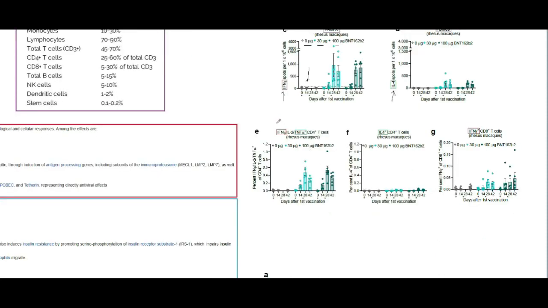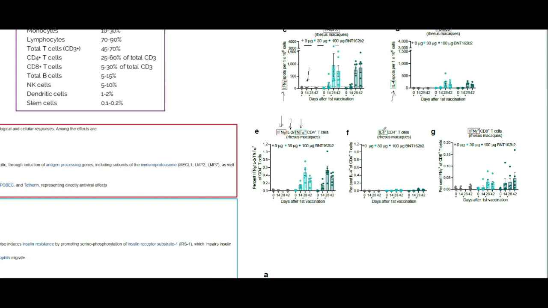Down here we have the CD4 T cells that are expressing the interferon gamma, the interleukin 2, and the TNF alpha, which is tumor necrosis factor alpha. And we can see that we start getting some more of these CD4 T cells.